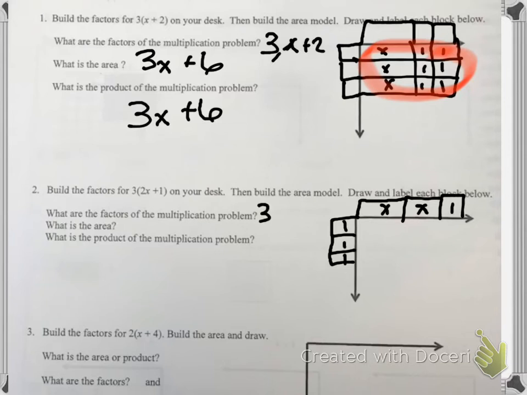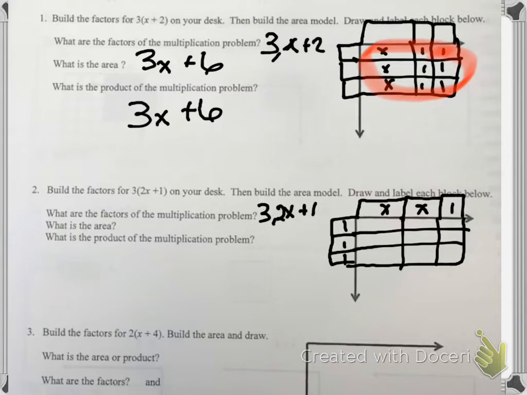So we have 3 and 2x plus 1. The area is the area of your rectangle, so we have to finish our array. This time, we're going to have 6 x's and 3 1s. So that is the area.